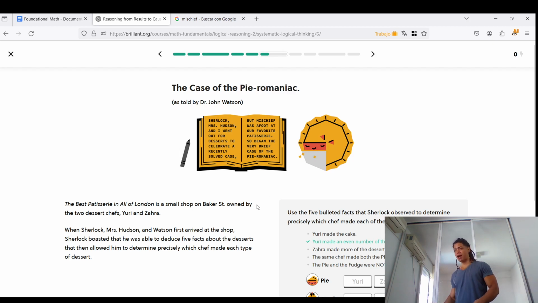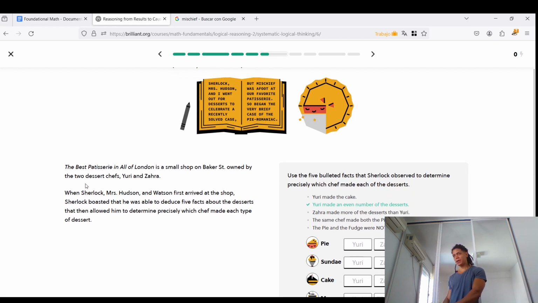The case of the pyromanic. So the best pasticier in all London is a small shop on Baker's End, owned by two dessert chefs, Judy and Sarah.